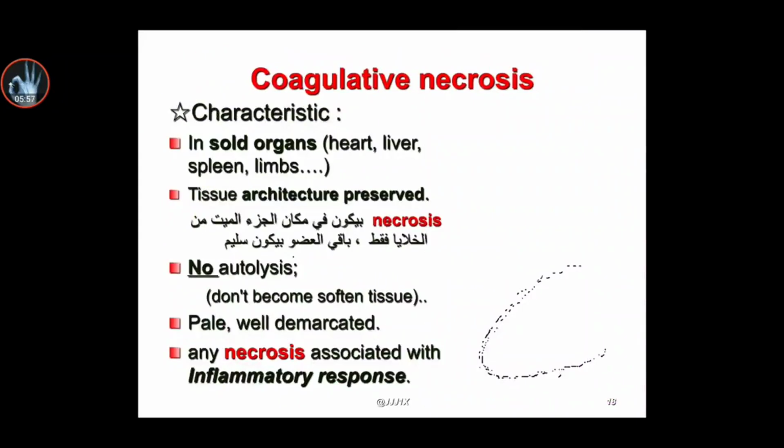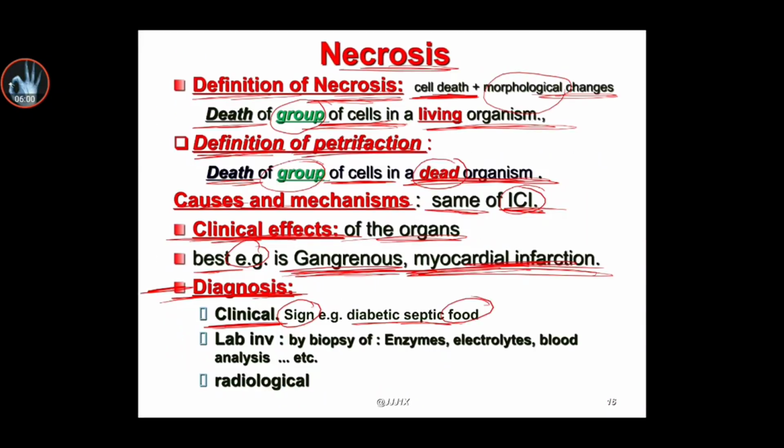أوكي، ممكن نشخص كمان عن طريق اللابلاتوري، واللابلاتوري عن طريق البايوبسي. وتكلمنا إيش معنى بايوبسي. نقطع جزء من جسم المخلوق الحي، قطعة كده ونروح نفحصها.